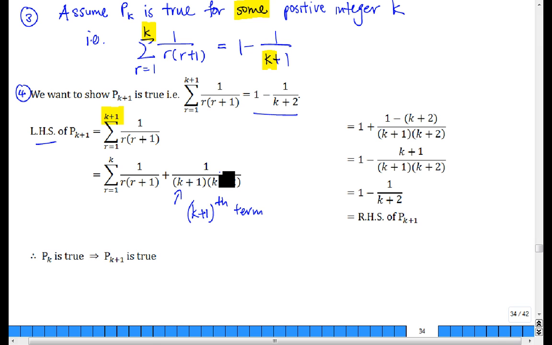What is the k plus 1 term? You just substitute r equals to k plus 1, you get this. Why do we want to break it up like that? Because if you look at this term carefully, this is this. And we now can make use of step number 3, which is the assumption here, to replace this with this guy.